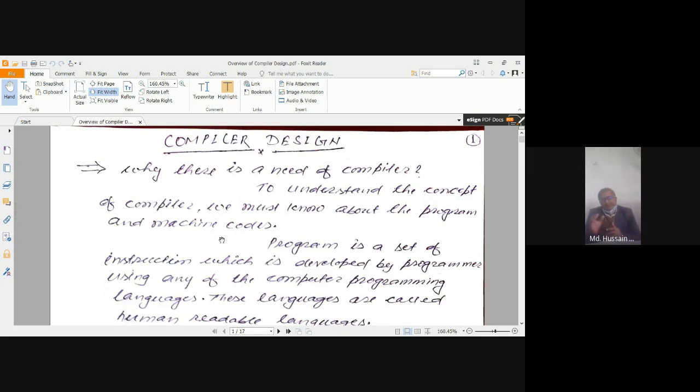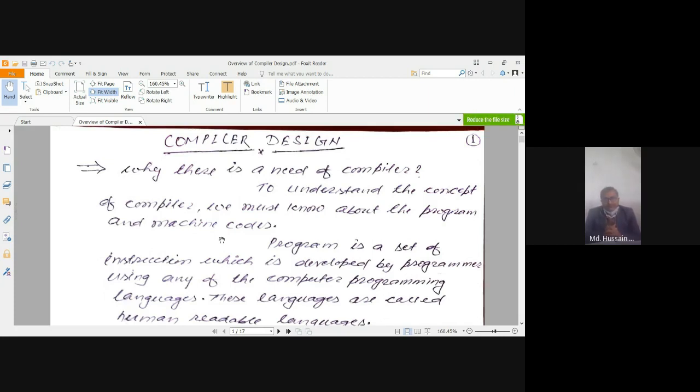The second aspect is competitive examinations like SAIL, GAIL, or GATE. Minimum 5 to 6 questions are asked from this subject.